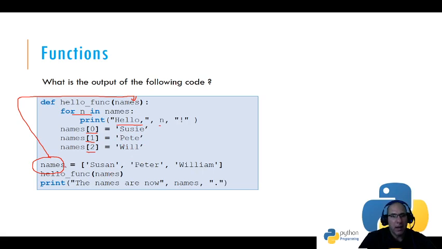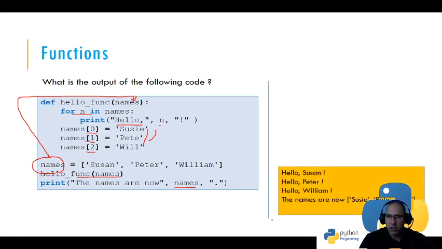When you come back out of the function and return back here and print the names, you will find the new values. Even though this names is a list defined outside of the function, since I passed it by reference, because everything is passed by reference, any modification inside here will be reflected outside of the function. And this is the result of the final print statement here.